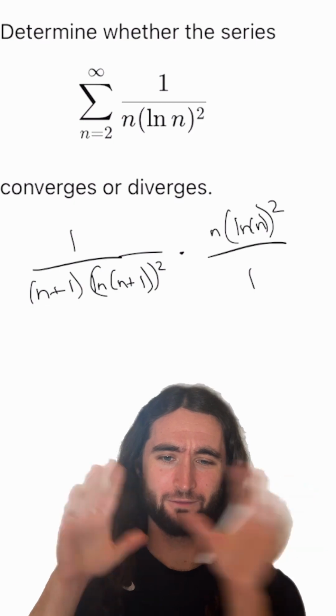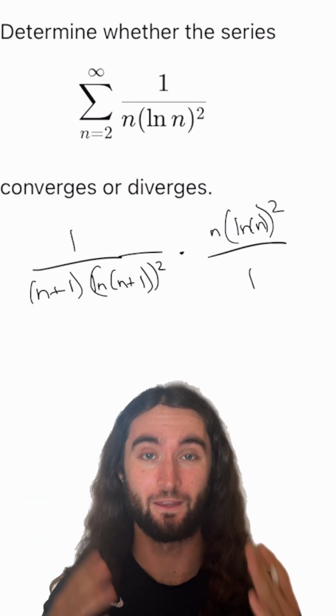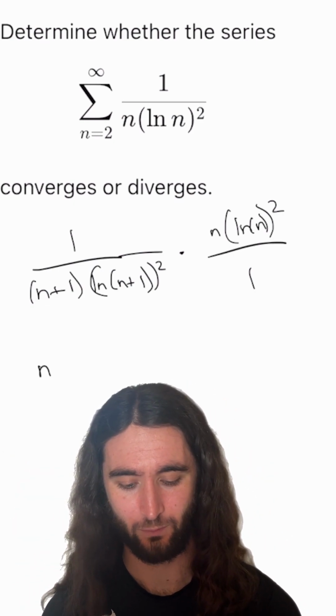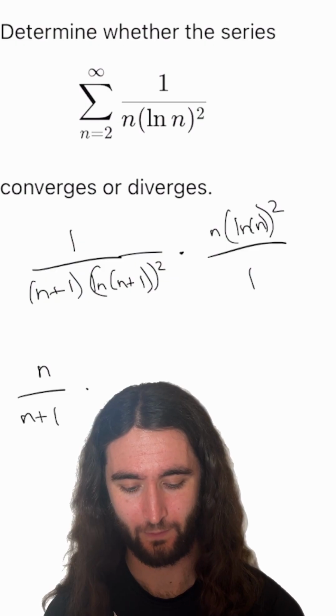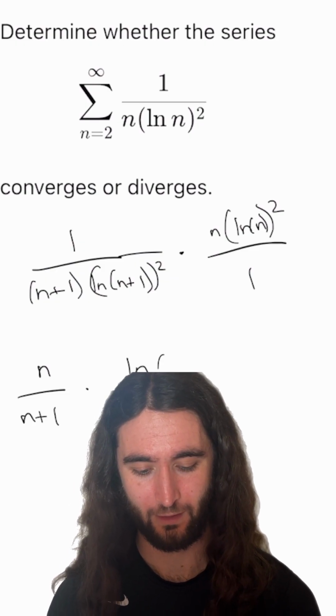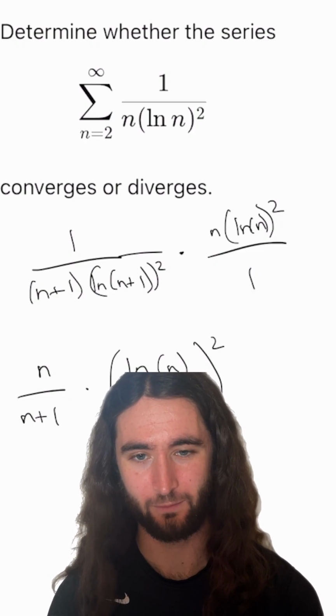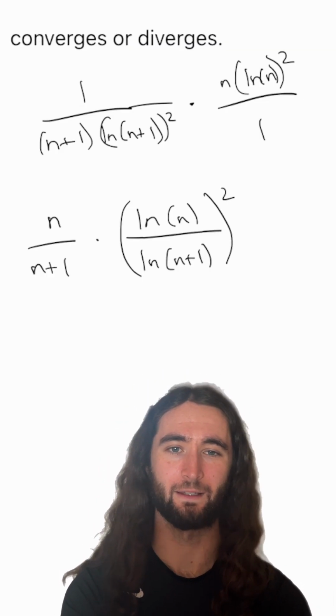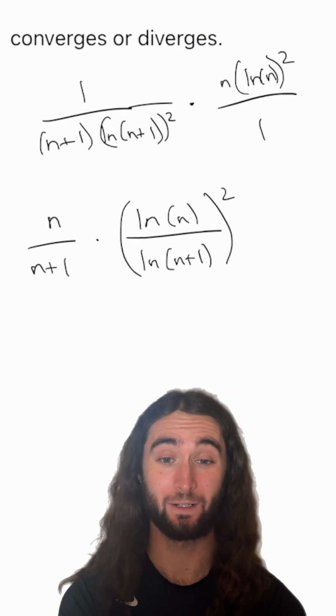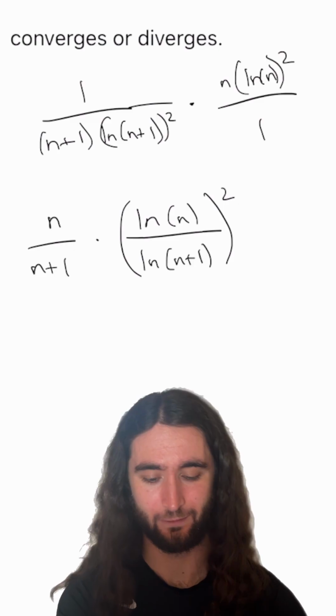Well, you want to put everything that's the same type of thing together. So I'm going to put the n with the n plus 1. And then I'm going to put the natural log of n with the natural log of n plus 1. And since they're both squared, I'm just going to write the square like that. And now we have to take the limit as that goes to infinity.